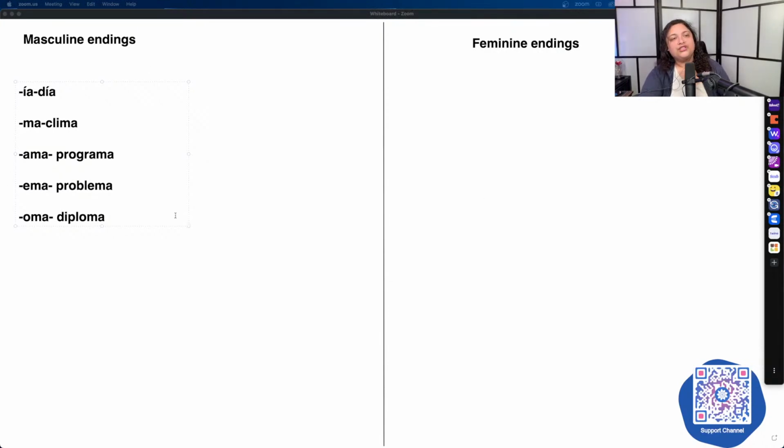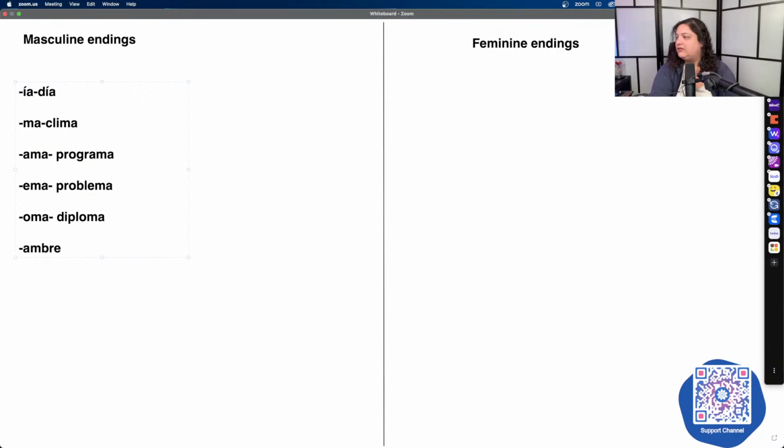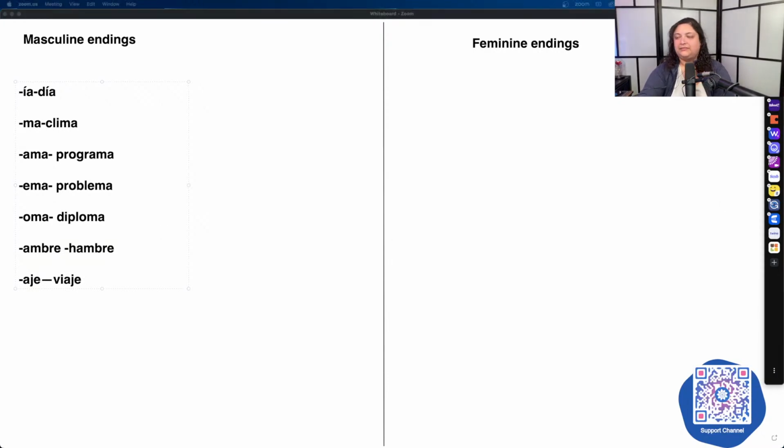Also, words ending in AMBRE. For an example, hambre, the hunger, el hambre. Or aje, like viaje, which means trip. Nouns ending in OR.